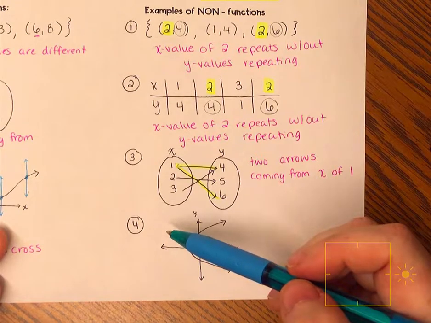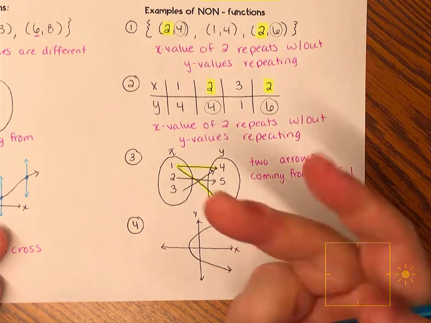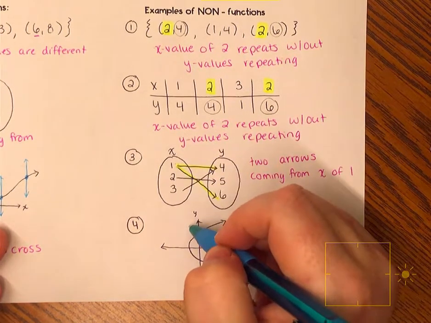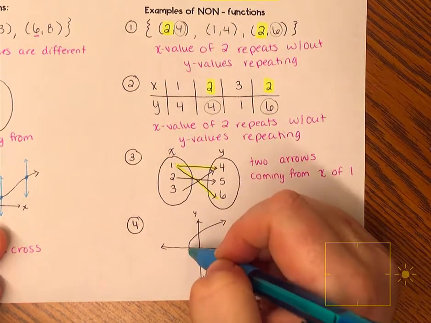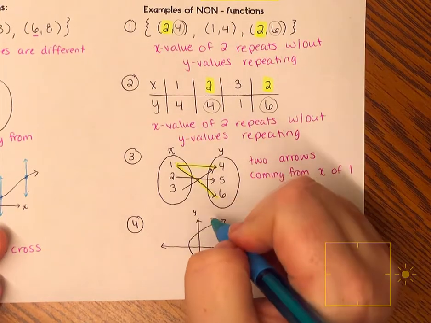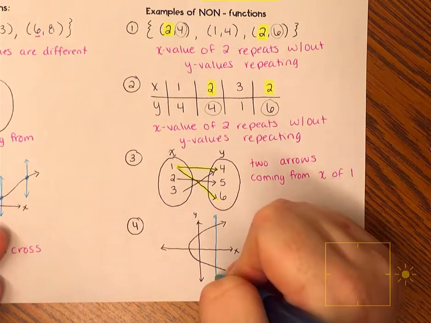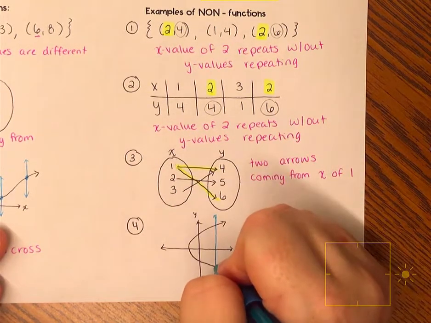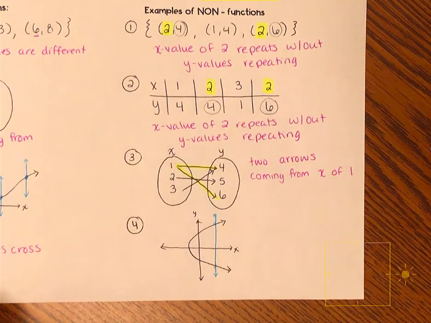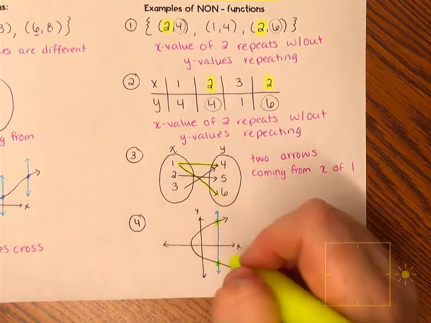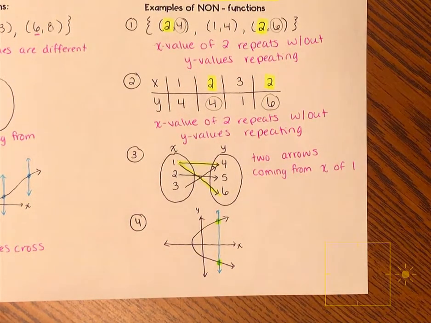Now, if any vertical line crosses the graph twice, it's not a function. So if I drew a vertical line here, it would touch that graph only once. But if I drew a vertical line here, it is actually crossing my graph at 2 locations. Here and here. It's crossing it at 2 different locations.